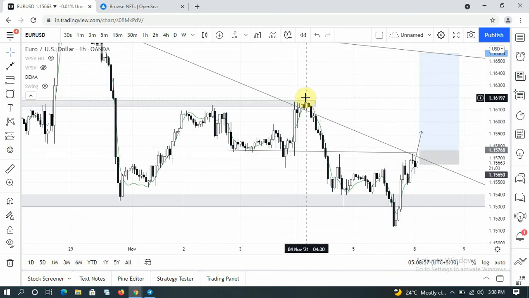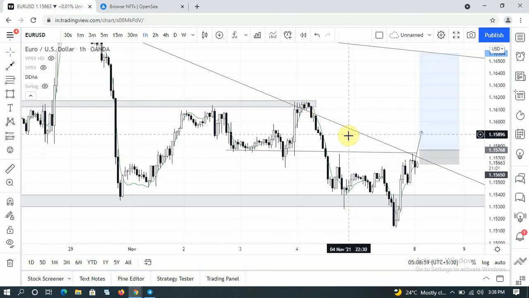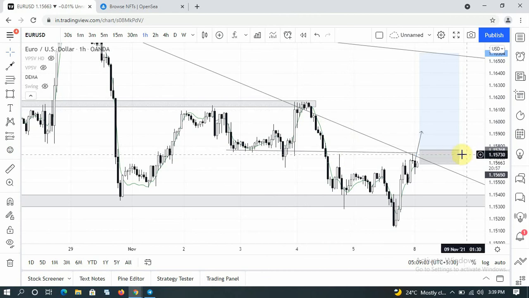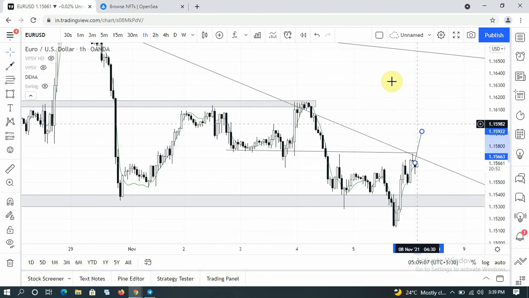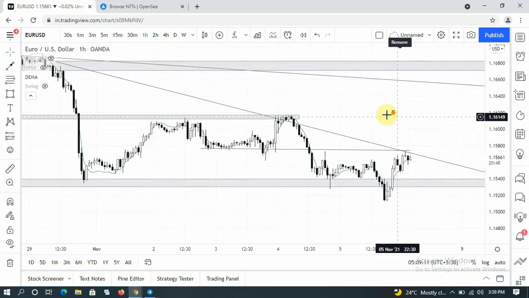So the first take profit will be right here, or you can set it according to your own risk to reward. I don't know how you plan to trade, but if you're looking for long entries, this is what I might be looking at in Euro USD.